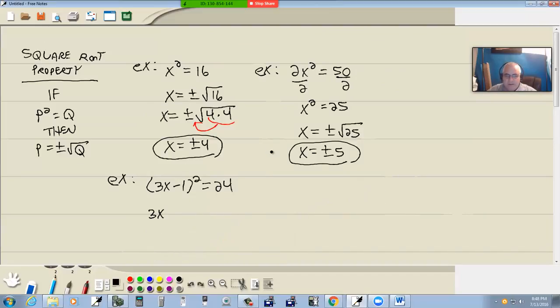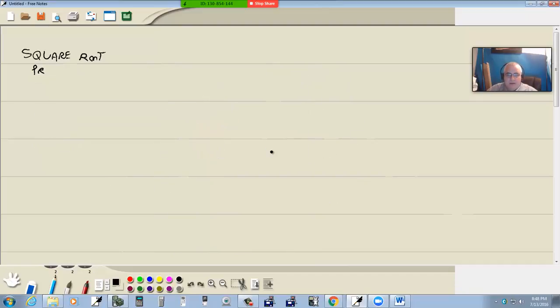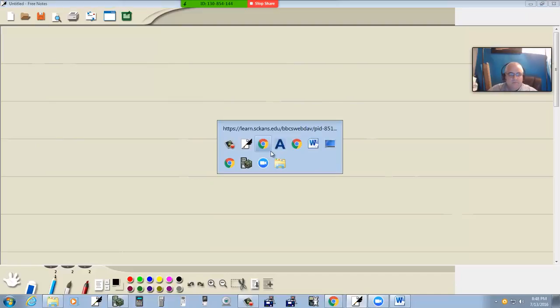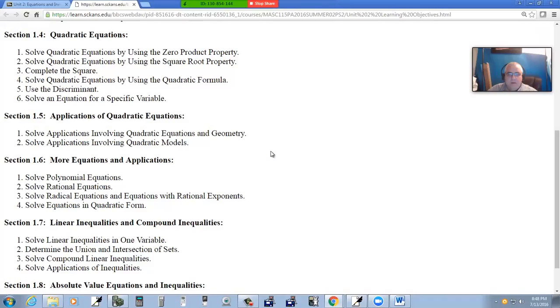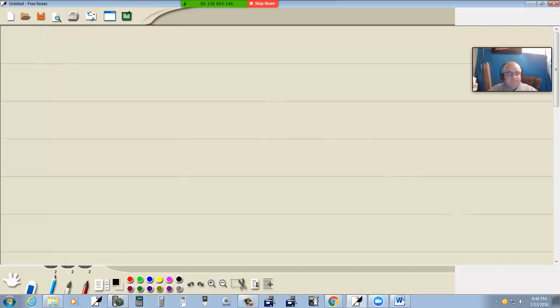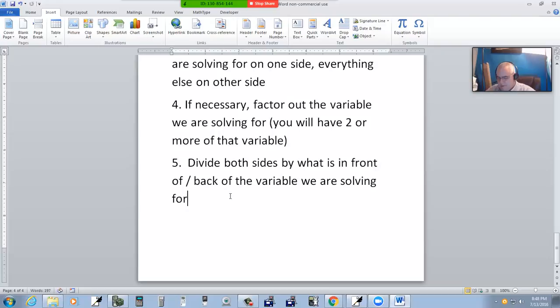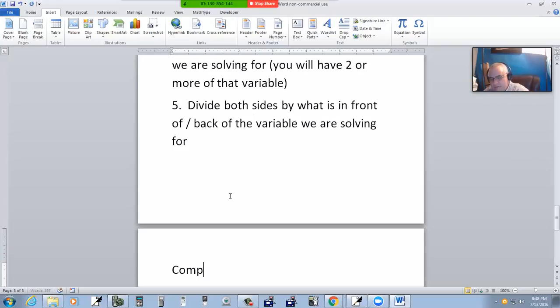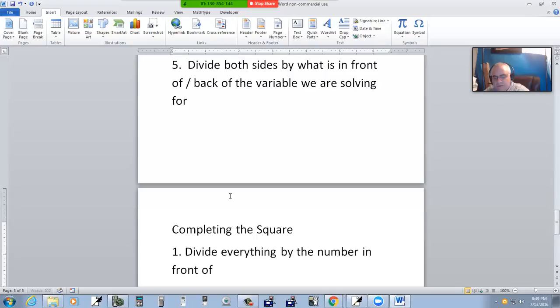After I clean this off. It's the third item here, complete the square. Step 1. Divide everything by the number in front of the x squared.